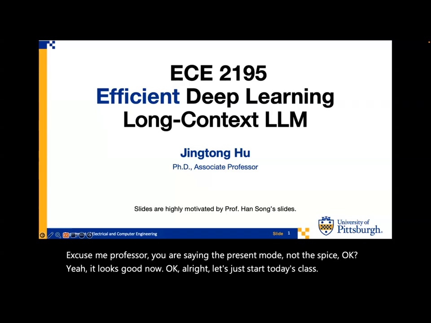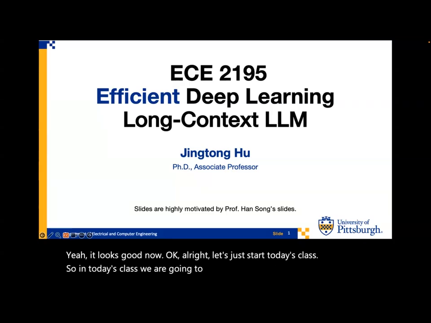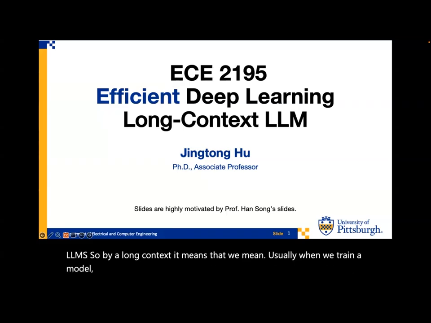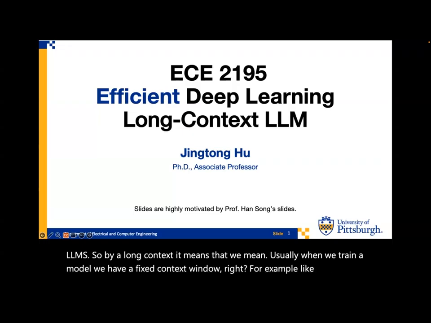In today's class, we are going to talk about long context LLMs. By long context, we mean this: usually when we train a model, we have a fixed context window, for example, 2048 tokens.